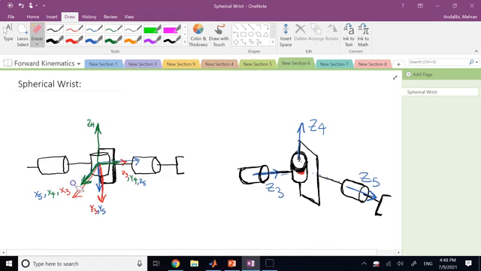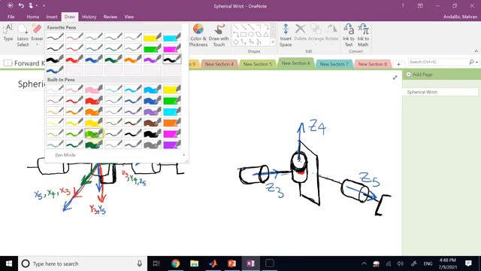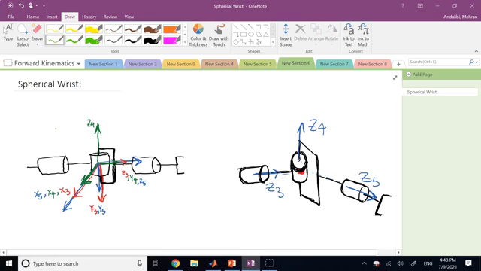Now that I'm done with frames 3, 4, and 5, it is time to look at, of course, frame 6, the end effector frame. Okay, what can I do about that? So let me choose a different color for this one. Maybe like this color. And for this, again, can I use that approach? I guess I can.